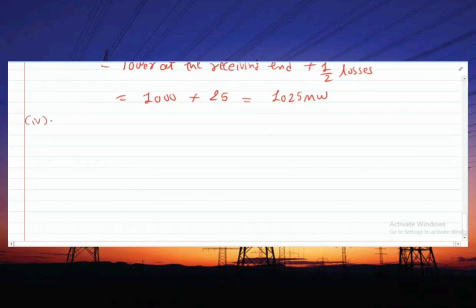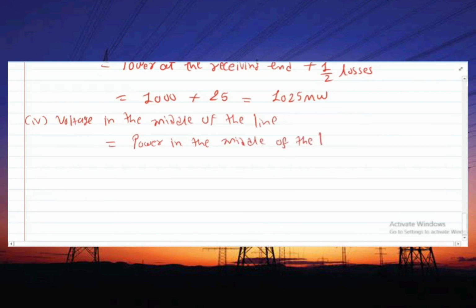The next parameter, the fourth one, is the voltage in the middle of the line. It is the power in the middle of the line divided by ID.